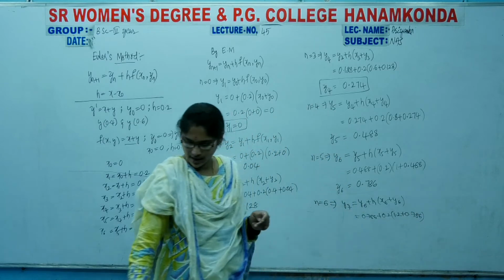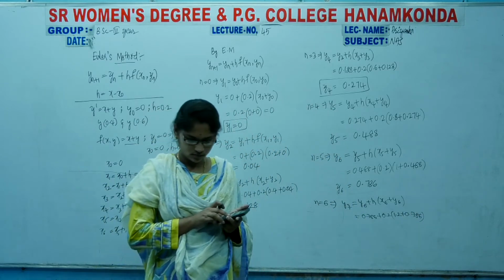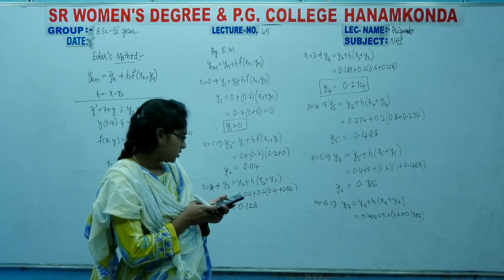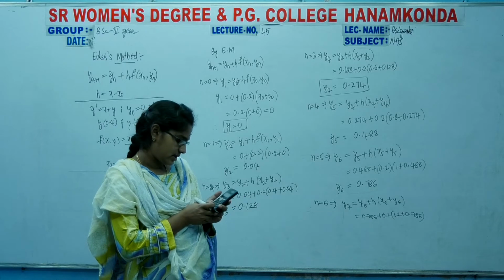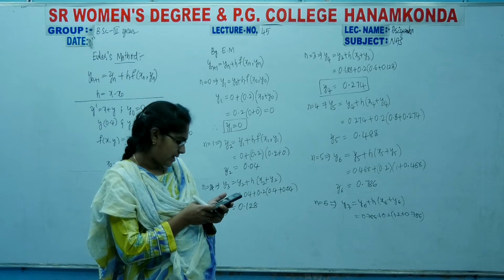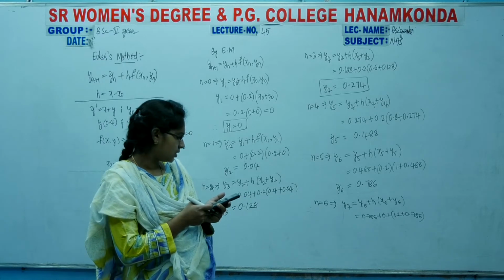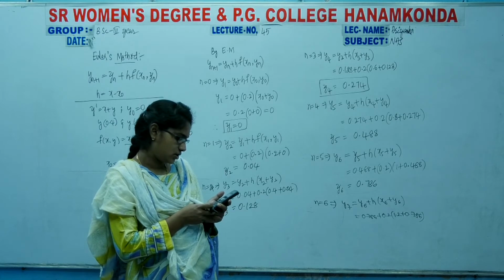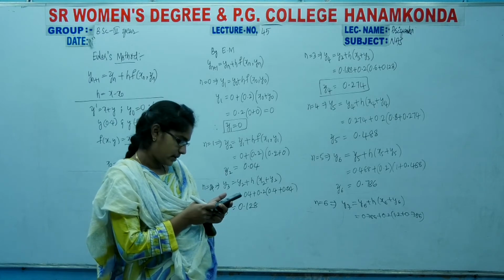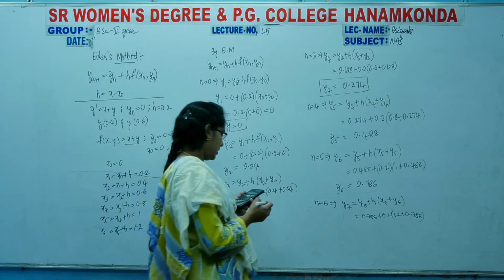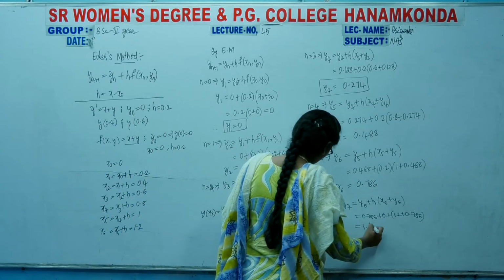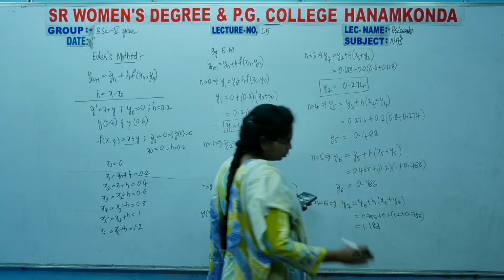Now calculate this value. 0.786 plus 1.2 into 0.2 plus 0.786. It is 1.1832.